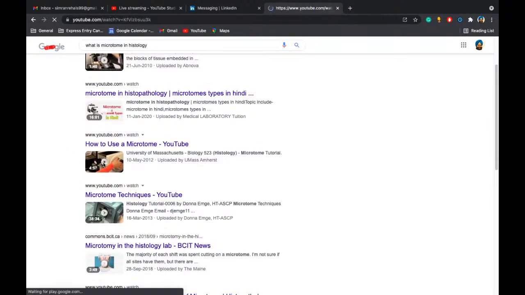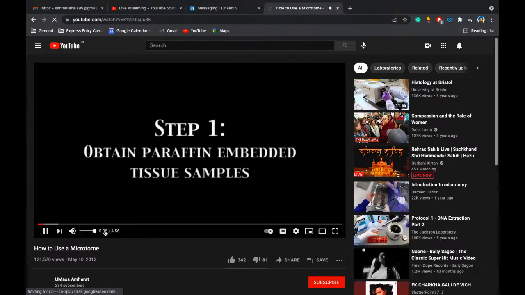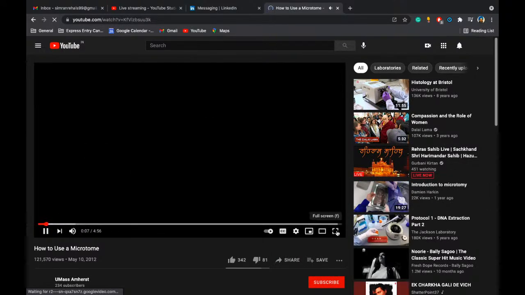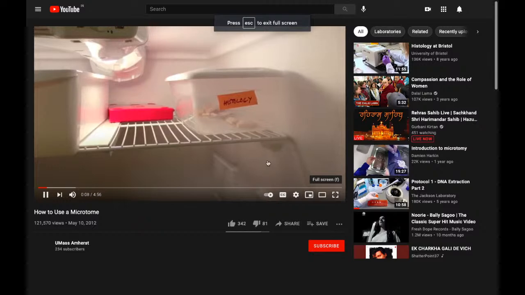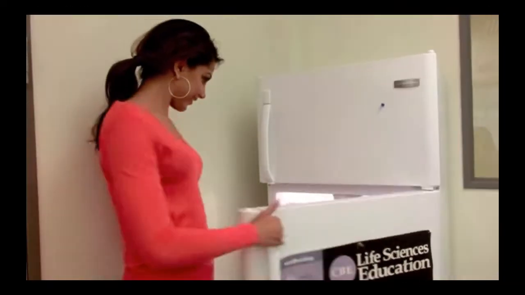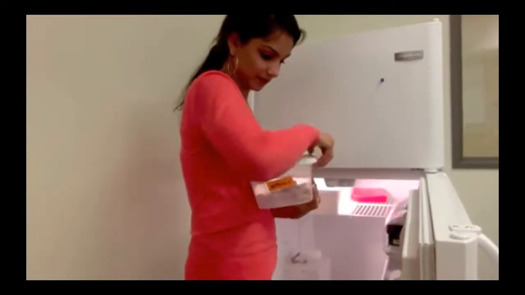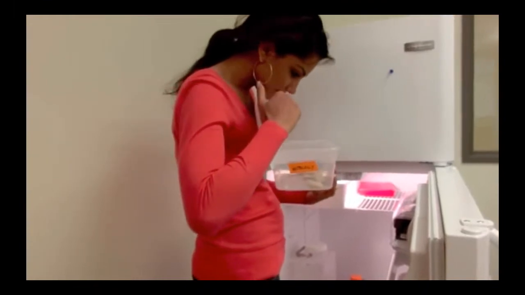Let's watch one microtome technique. So you embedded tissue samples with paraffin wax. Assuming you've already harvested and embedded your tissue samples in paraffin wax, obtain your paraffin cartridge from the refrigerator.